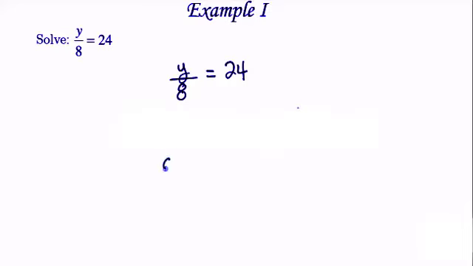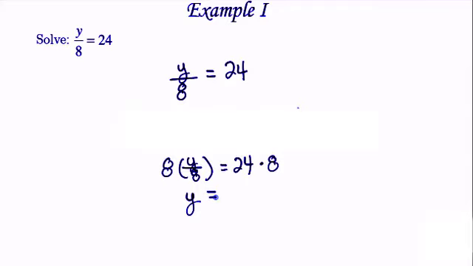8 times y over 8 equals 24 times 8. Once again, I did the same thing to both sides of the equation. My 8's cancel out because 8 divided by 8 is 1. And that leaves me with y on the left side of the equation.